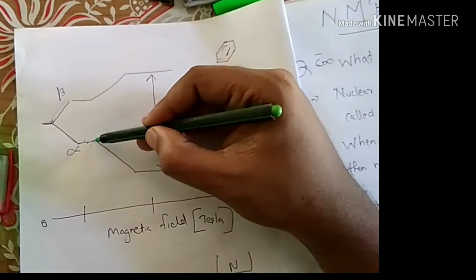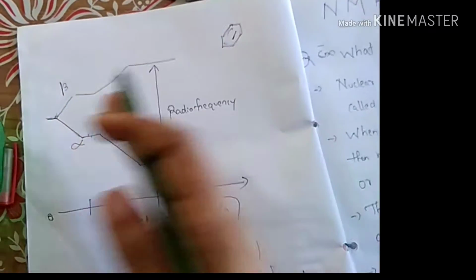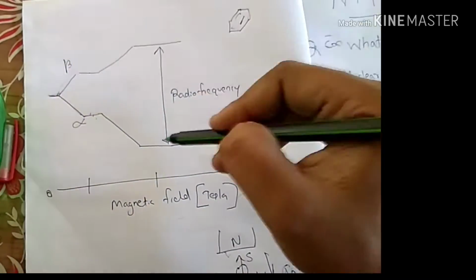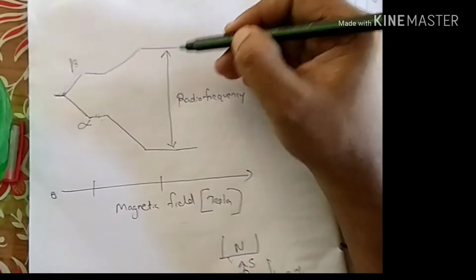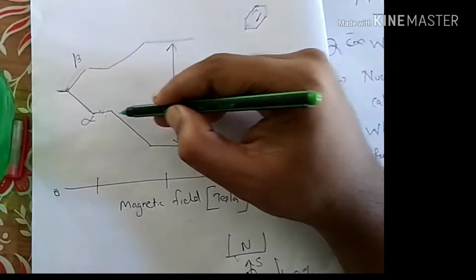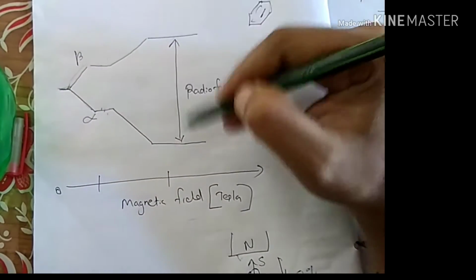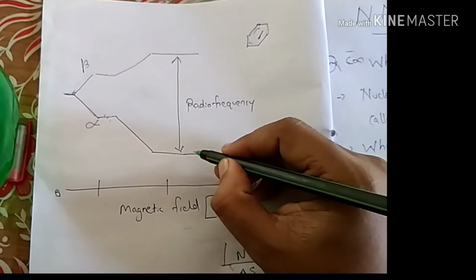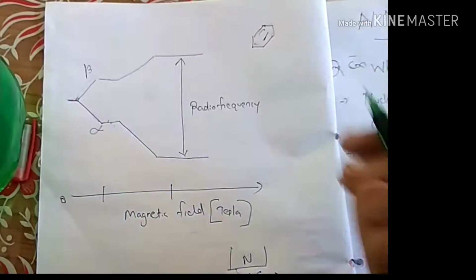So we got the spin states alpha and beta, and the energy difference between the spin states increases along with the magnetic field strength. So the alpha and beta energy difference will increase if we increase the magnetic field. But resonance will happen only when we apply radio frequency.